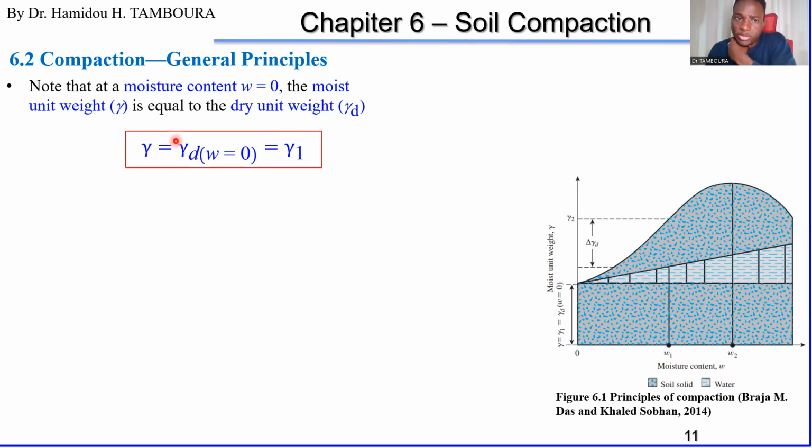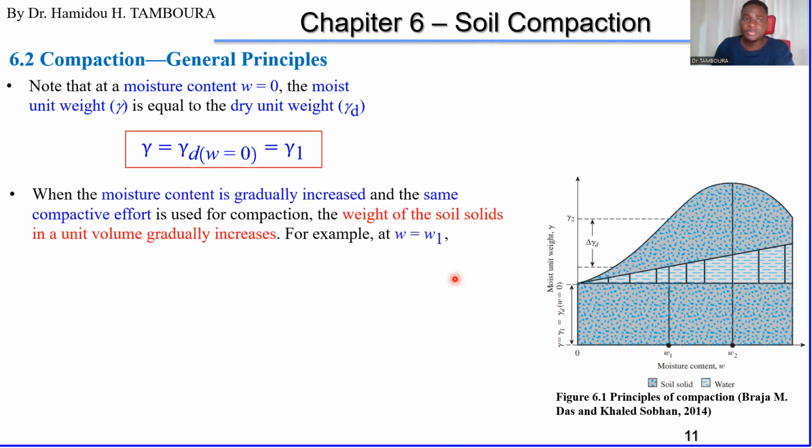We can say gamma is equal to gamma dry, D is dry, when water content w or omega is 0, which is equal again to gamma 1. Gamma equals gamma 1 equals gamma dry, gamma D, when the water content is 0. That is not complicated.